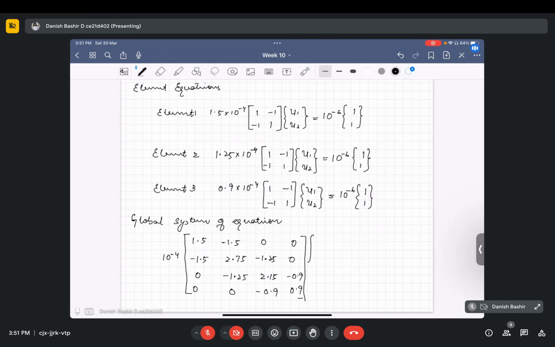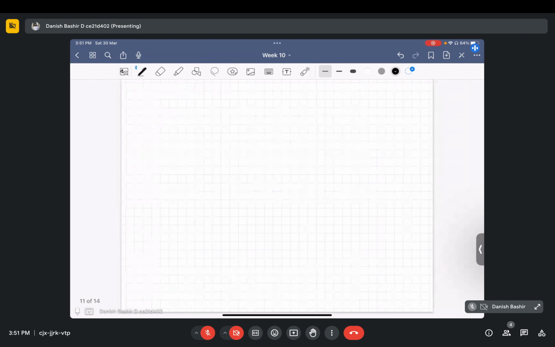So the whole system will be u1, u2, u3, u4 equal to 10 to the power minus 6, times 1, 2, 2, 1. I already told you the boundary conditions are u1 equals u4 equals 0.